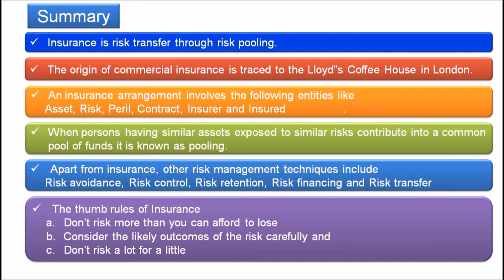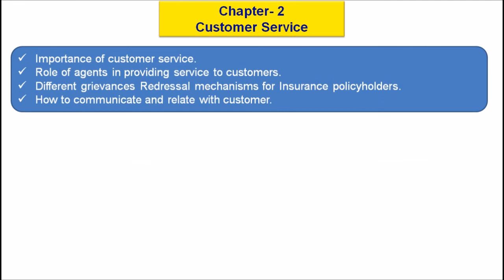Dear friends, next chapter, customer service. Customer service deals with the importance of customer service, the role of agents in providing service to customers, different grievance redressal mechanisms for insurance policyholders, and how to communicate and relate with customers.